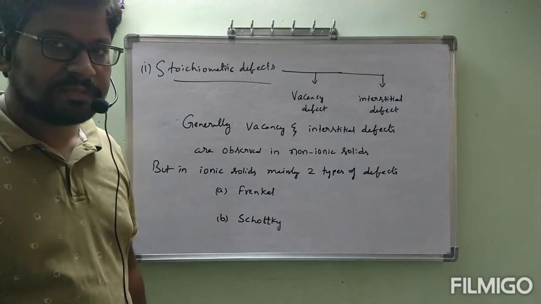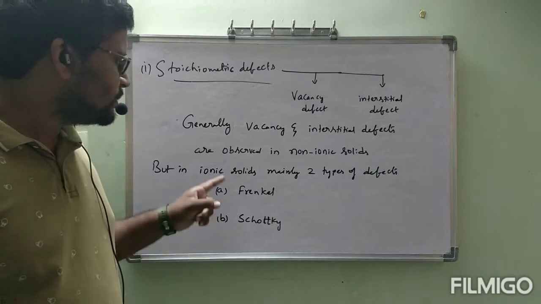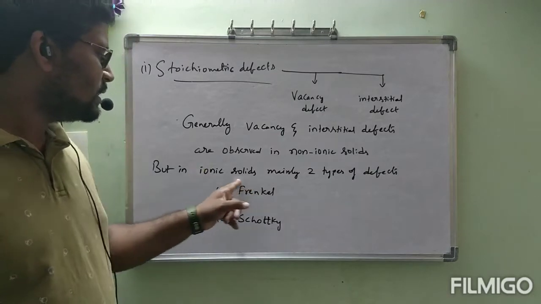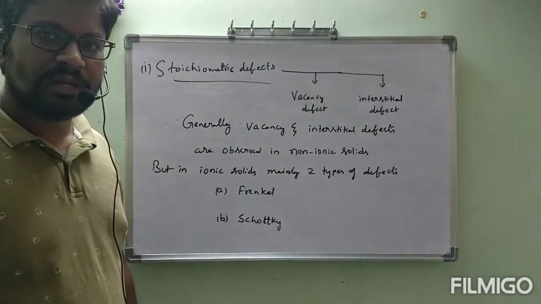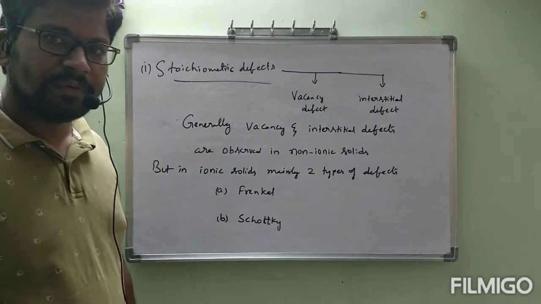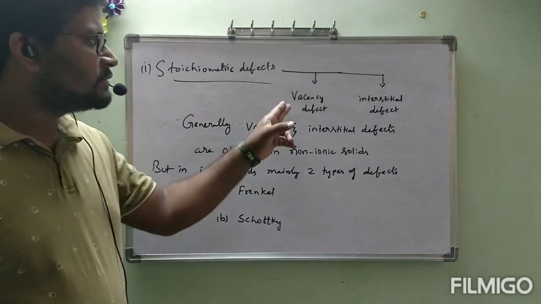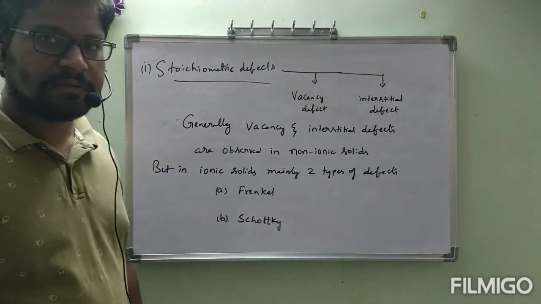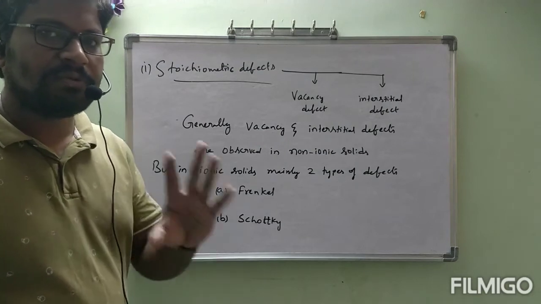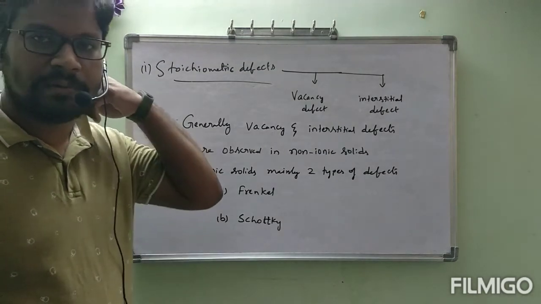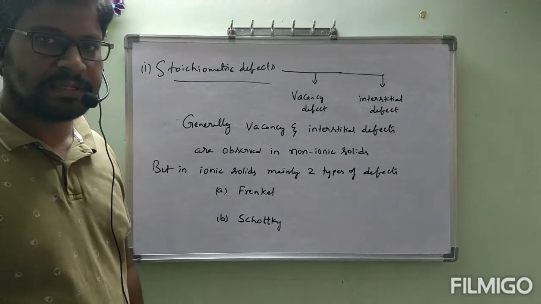That difference we will see. This type of defect is observed in which type of solids? Ionic solids. Vacancy and interstitial defects are observed in non-ionic solids. Remember carefully. For vacancy defect and interstitial defect, whatever I told with the general example AB, you can write the same example in the exam.